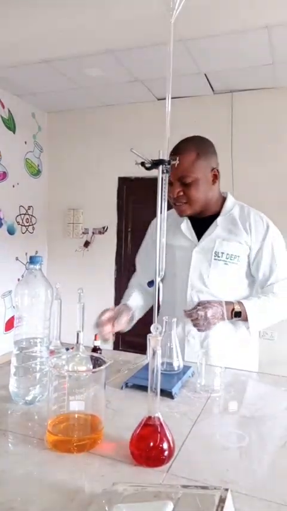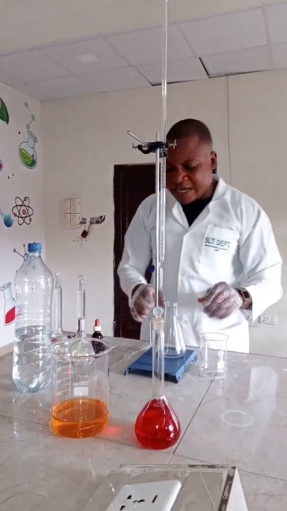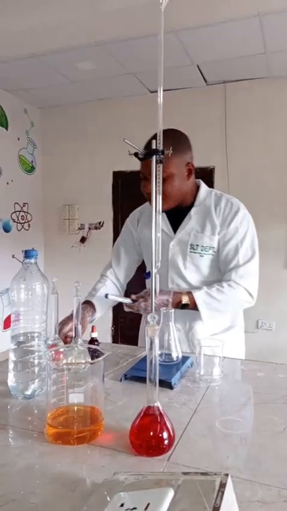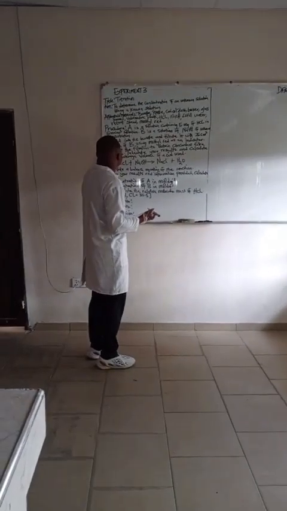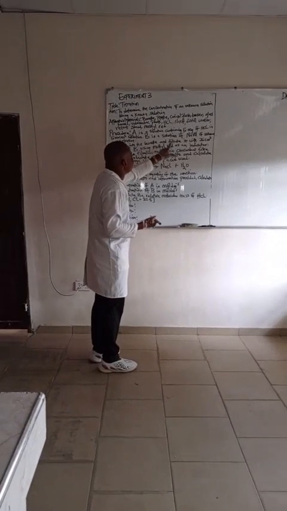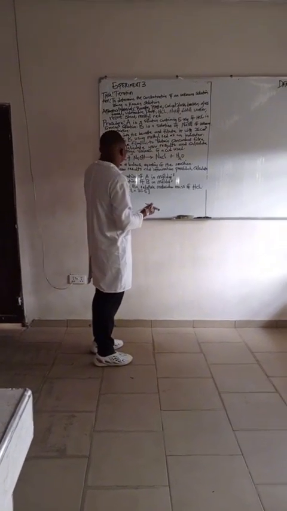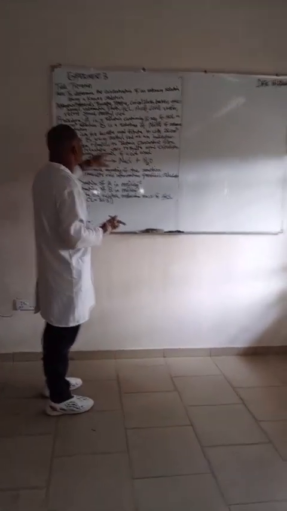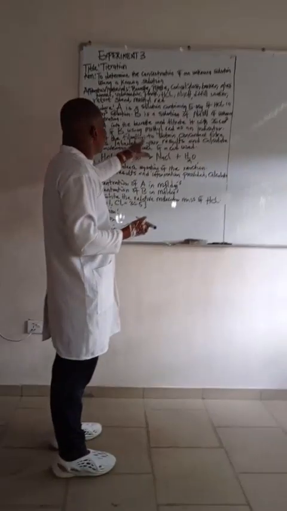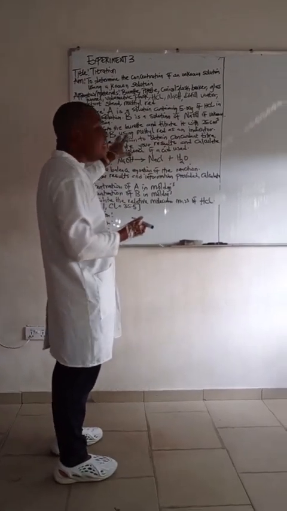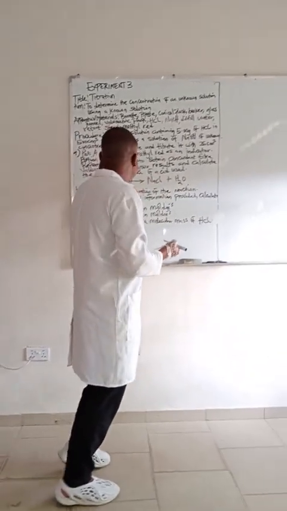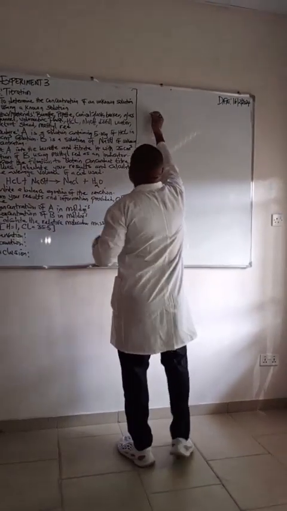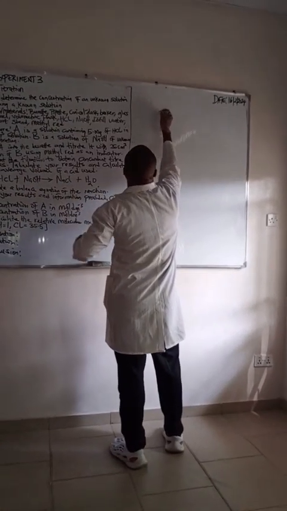Now we are going to start, but before then I will go over to the board again. Remember they said put A into the burette and titrate it against 25 cm cube of B using methyl red as an indicator. Repeat the titration to obtain concordant titre values. Tabulate. What I want to do on the board is tabulate, because that is our instruction.